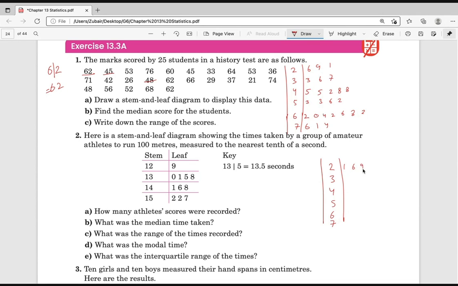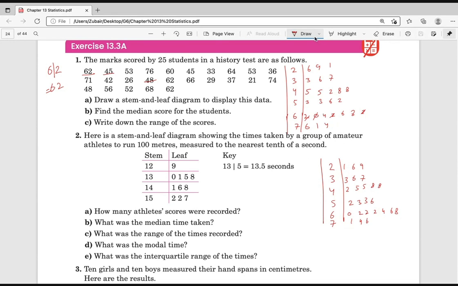When I look at 3, that is 3, 6, 7 already in order. 4 is 2, 5, 5, 8, 8. 5 is 2, 3, 3, 6. 6 is 0, 2, 2, 2, 4, 6, 8. Last 7 is 1, 4, 6. Now they are arranged in order.